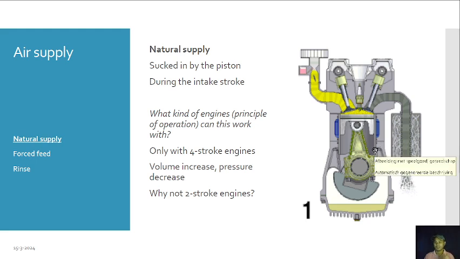There is no way a natural suction or drawing in of air will be done in a 2-stroke engine, because as the piston goes down, it goes from the power stroke to the exhaust stroke. It is not like the 4-stroke engine, where there is a specific moment when the piston is going down and it is the intake stroke. So natural supply can be done with that one.